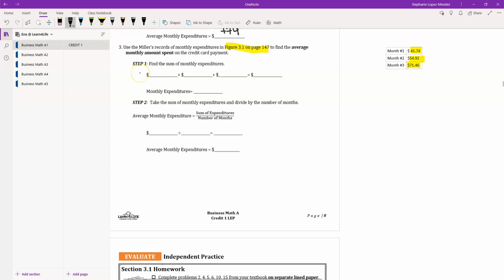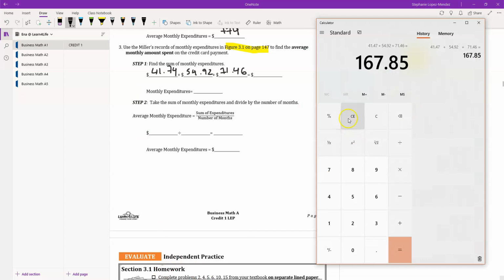So step number 1 is the same step number 1 that we did in our previous example. The amount of our first month is 41.74. Our second amount is 54.92, and the last one is 71.46. Now again, we're going to add all of this.